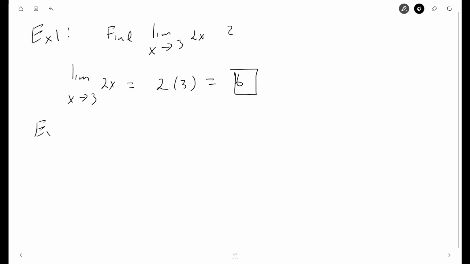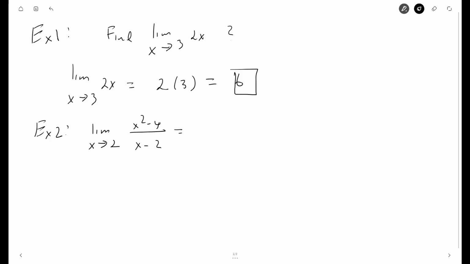Now we need to do example number 2. We need to find the limit as x approaches 2 of the rational function x squared minus 4 over x minus 2. Because you have a rational function, you want to get rid of the problem, because as x approaches 2, this is undefined, because 2 minus 2 is 0.